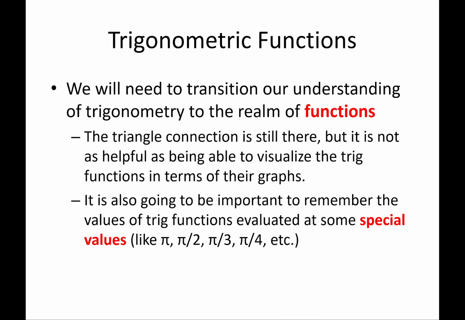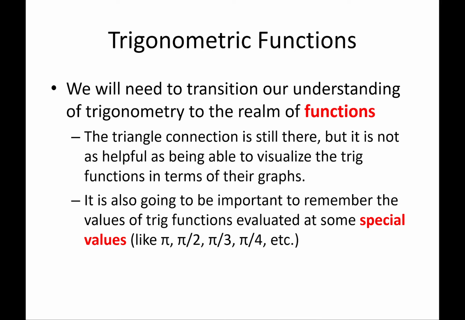We're going to be thinking about the graphs of a function f of x equal to sine of x, f of x equal to cosine of x, and f of x equal to tan of x, as well as composite functions involving those trigonometric functions. The relationship between the trigonometric functions and the triangles will always be there. It's always a connection that we can draw on to solve problems.